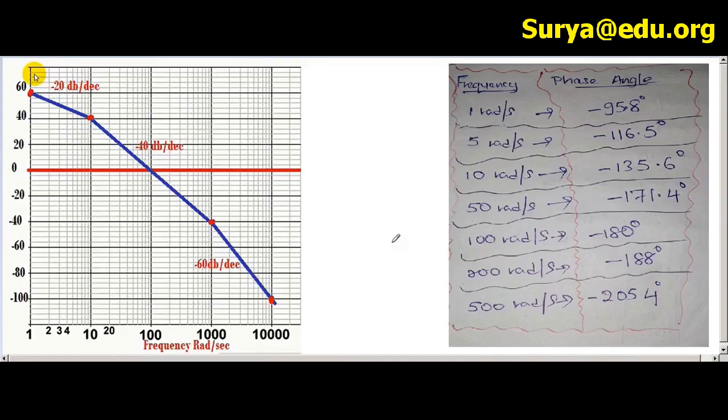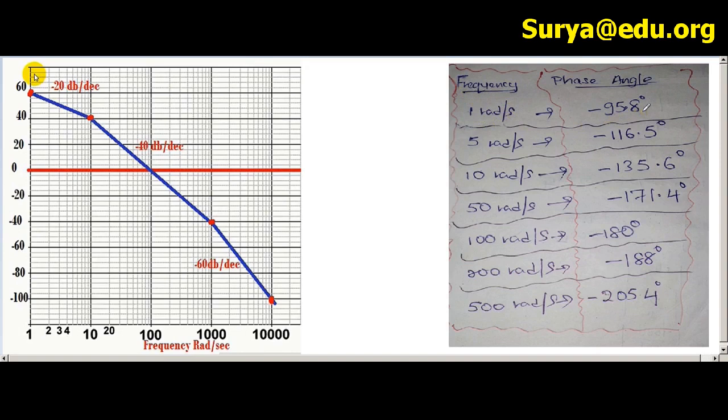So now, based upon the previous formula that we used to find the phase angle, as you can remember, G of j omega equals 1000 divided by j omega times 1 plus 0.1 j omega times 1 plus 0.001 j omega. According to the previous calculation, these are the phase angle values that we calculated. Depending upon the frequency, when you put omega equals 1 radian per second, minus 95.8 is the phase angle you found.